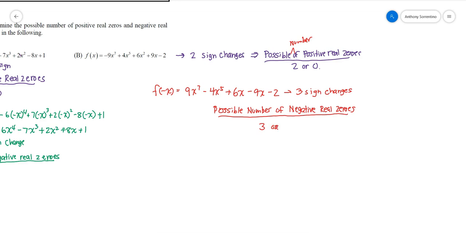I can subtract an even integer of 2, which leaves 1 of them. And if I subtract 2 from that 1, that's going to be negative. So I'm either going to have 3 of them or I'm going to have 1, which means I'm guaranteed to have at least one negative real zero on this. So if I don't come up with a negative real zero on this, I'm doing something wrong. Now again, this particular rule doesn't really help me establish what they are, but it does let me know what I can expect as possibilities, which in the end can help me zero in on an answer.